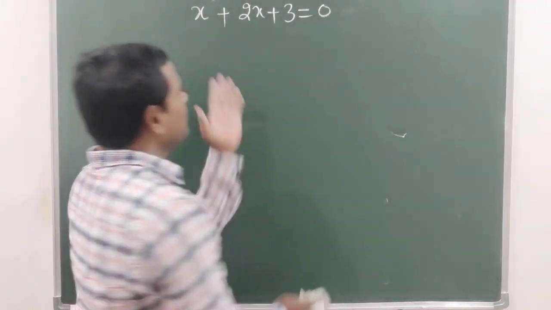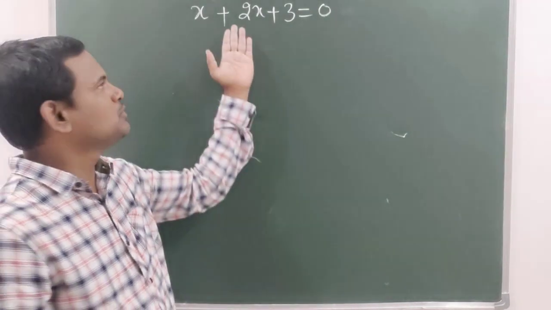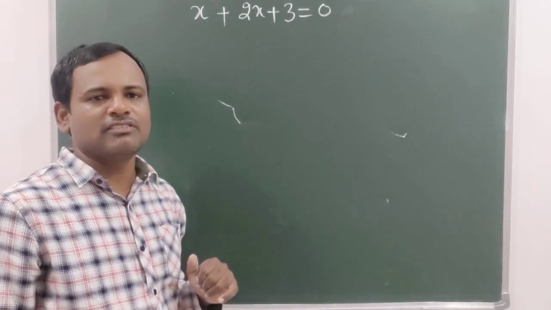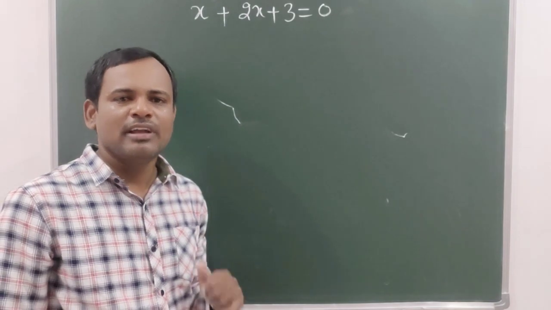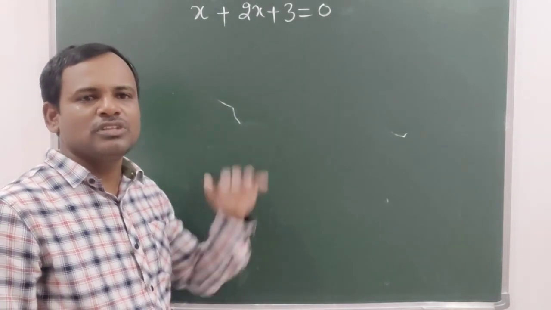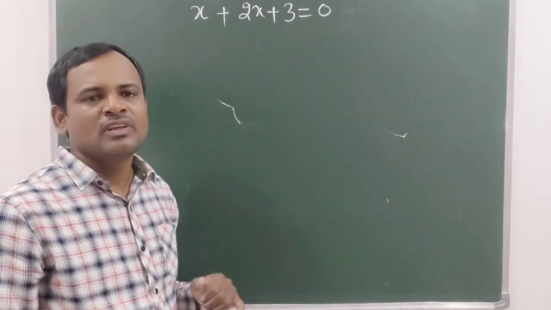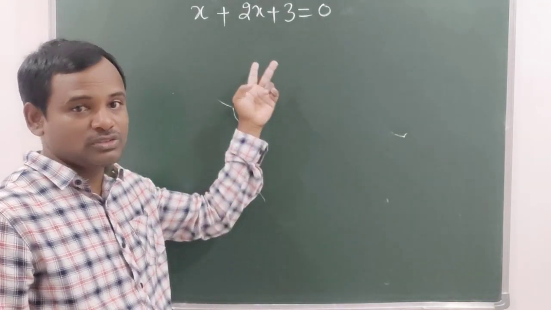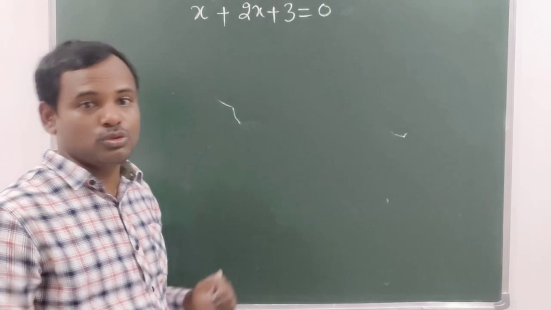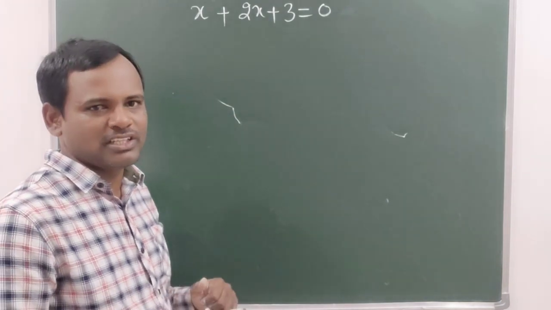Now see this. If we solve it, we will get complex roots. See, observe the discriminant value of this quadratic equation. B square minus 4ac is negative, no? Hence, we can confirm the roots of this quadratic equation are complex conjugate to each other. The two roots are complex, and those two roots should be conjugate to each other.